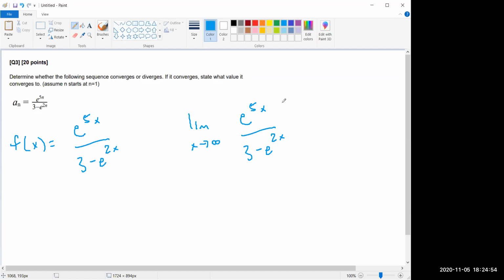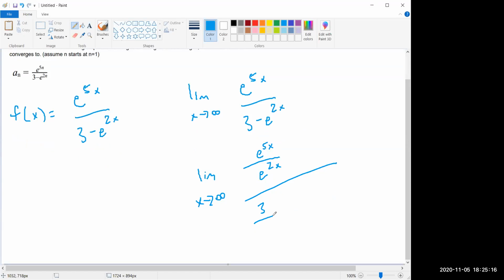Okay, so you just divide every term by e to the 2x. That's fine. So you will have e to the 5x divided by e to the 2x. And in the denominator, this is 3 divided by e to the 2x. So like this. Okay, that's fine.